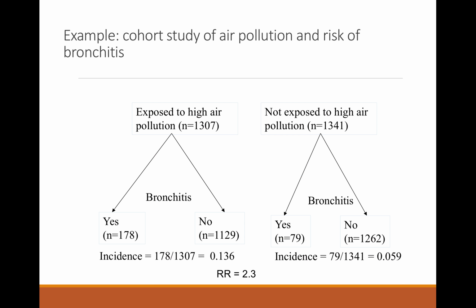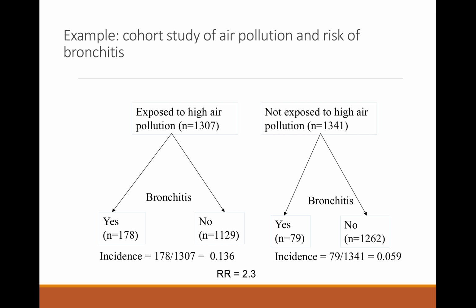Hopefully you were able to get the relative risk of 2.3. Just looking at these incidence rates, you can see that in the higher pollution area it is 0.136, which we could calculate out to a percentage or to a per 1,000 rate. Let's just think about percentages. 13.6% of those that live in a higher pollution area have bronchitis, as compared to 5.9% of those that live in the low air pollution area.